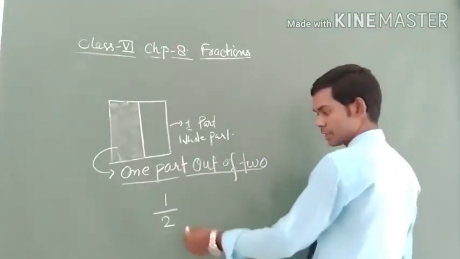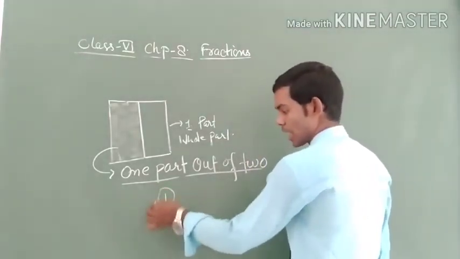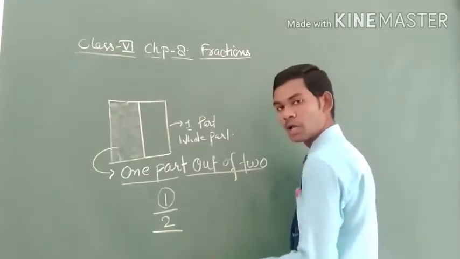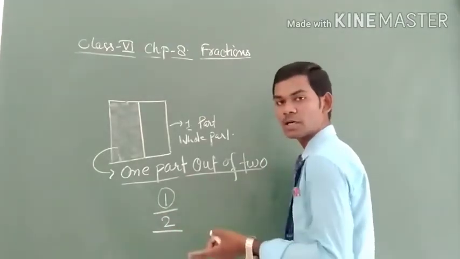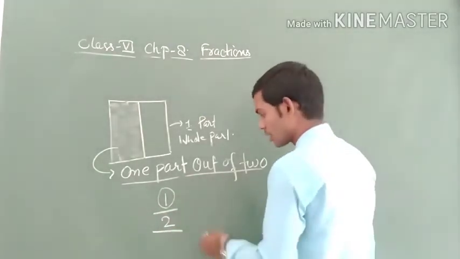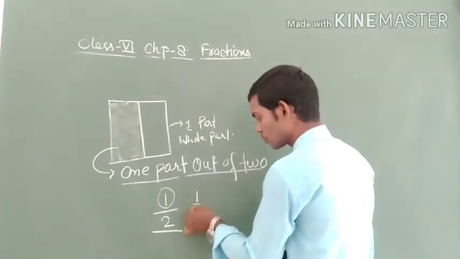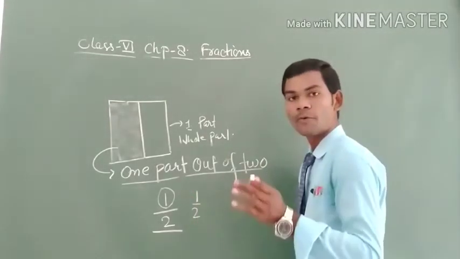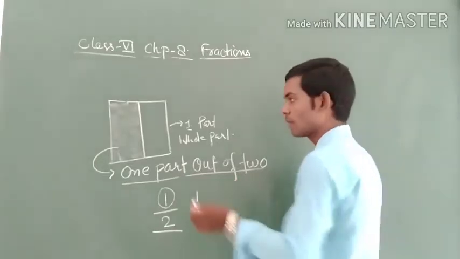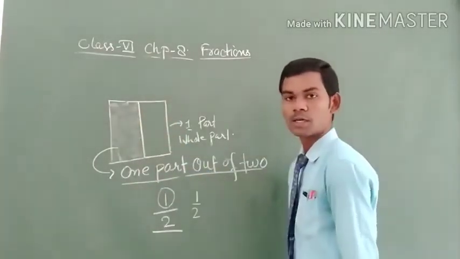So this represents one part out of 2 shaded or taken. Therefore 1 by 2 is called a fraction of the whole square.